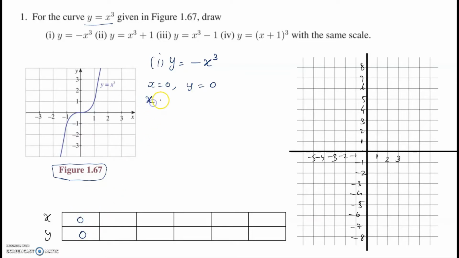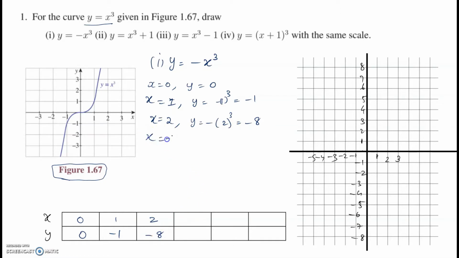If x is equal to 1, then y will be equal to minus 1 cube, that will be minus 1. So x is 1, y is minus 1. And if x is equal to 2, then y will be equal to minus of 2 cube, so that will be minus 8. So x is equal to 2, y is minus 8.